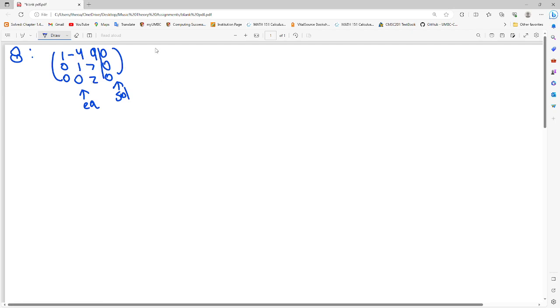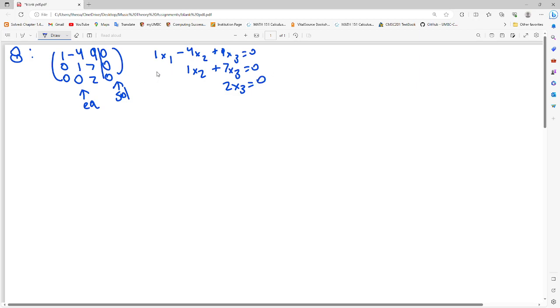This is the same thing as saying 1x1 minus 4x2 plus 9x3 equals 0, as well as 1x2 plus 7x3 equals 0, and 2x3 equals 0.